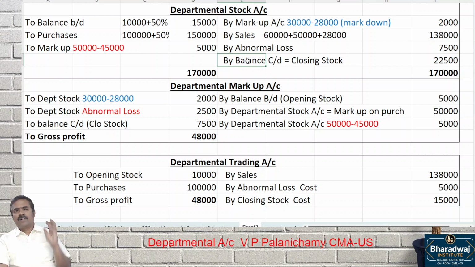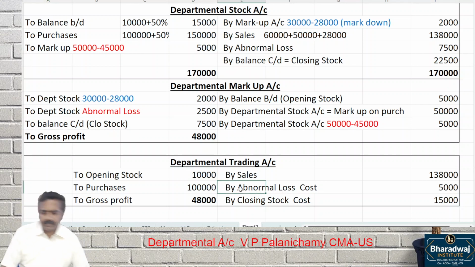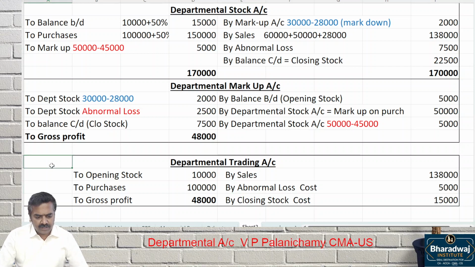And please remember, marking up is always a profit, marking down is always a loss, as you lose the normal selling price. It's a verification for us.